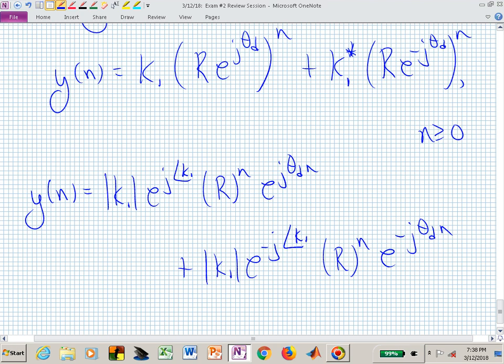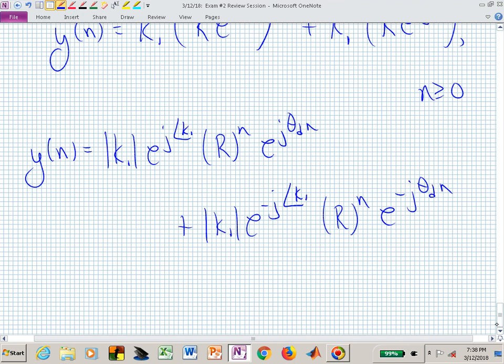Now let's combine the complex exponentials, and the same magnitude and r to the n are common to both. So we can collapse this and say magnitude of K1, r to the n, and what's left?